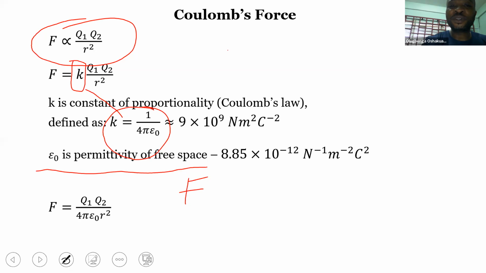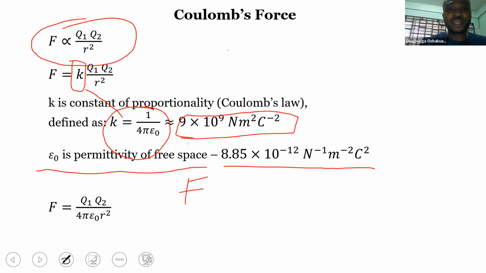Its value is 8.85 times 10 to the power minus 12 Coulomb squared per Newton per meter squared. So 1 over 4 pi epsilon naught is approximately 9 times 10 to the power 9 Newton meter squared per Coulomb squared.